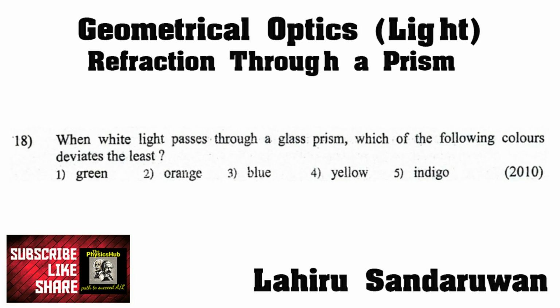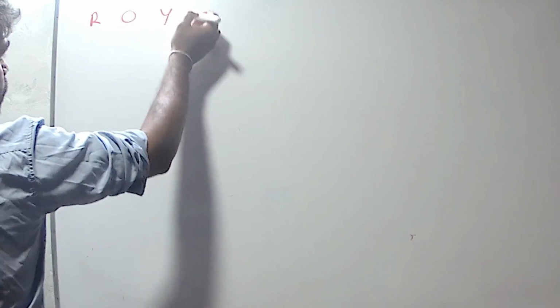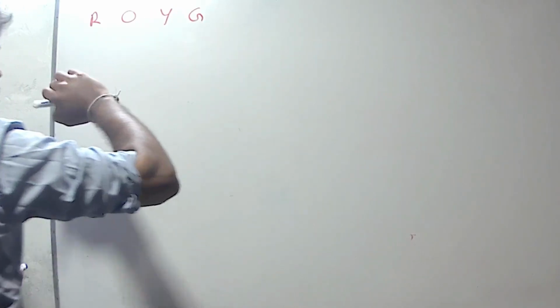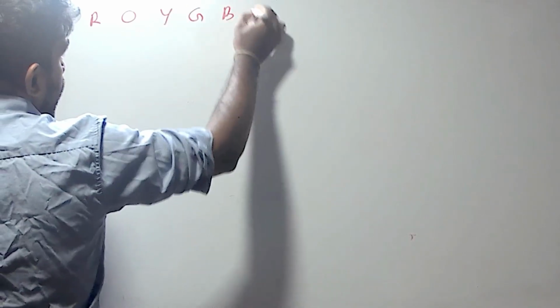When white light passes through a glass prism, which of the following colors deviates least? We can consider colors of white light: red, orange, yellow, green, blue, indigo and violet.